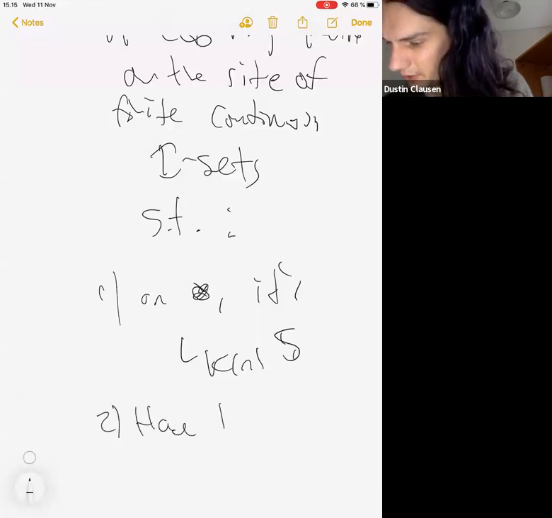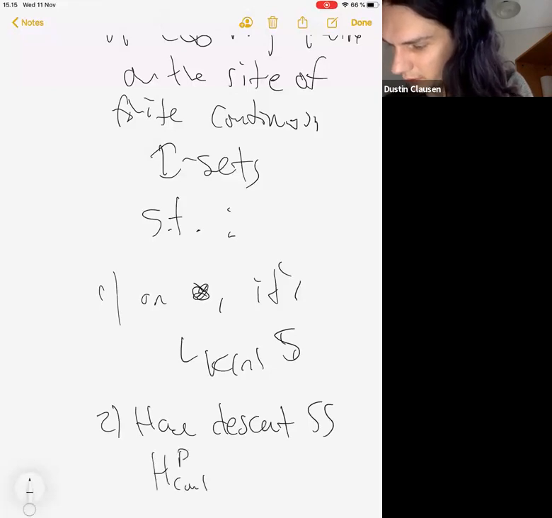We have the descent spectral sequence from the continuous cohomology.